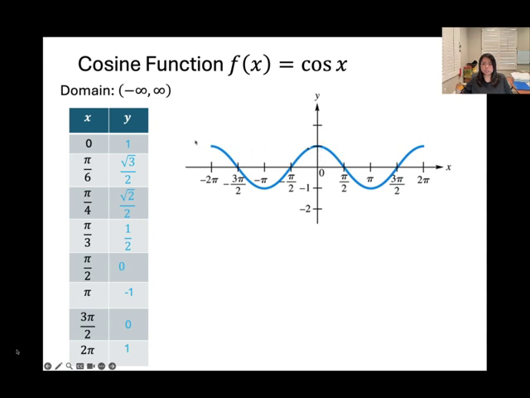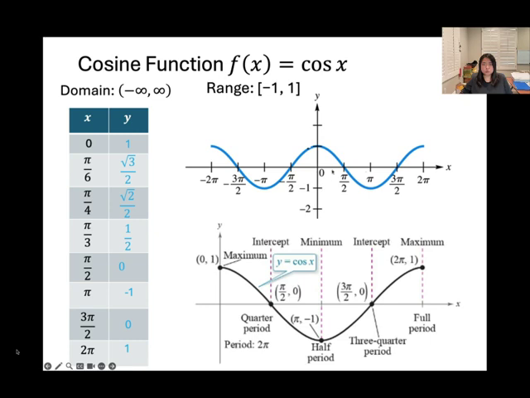If I draw the line here, the range has to be in between -1 and 1. So the maximum point for the cosine will be 0 and 1 here, or 2 pi and 1. Minimum will be pi and -1 here.